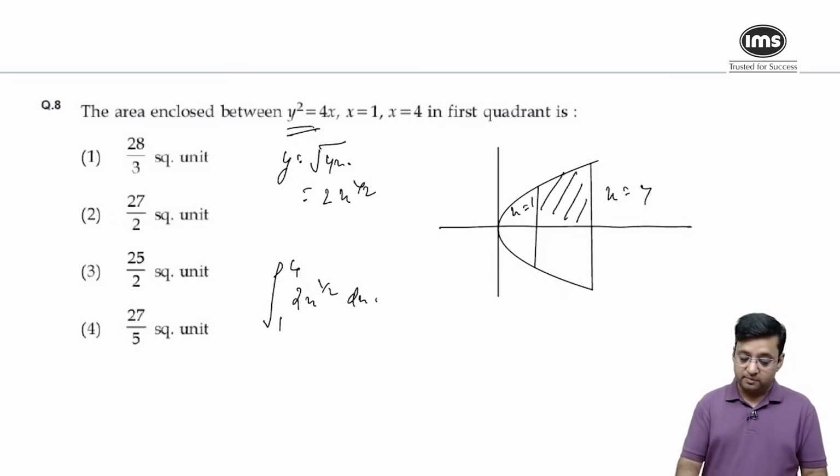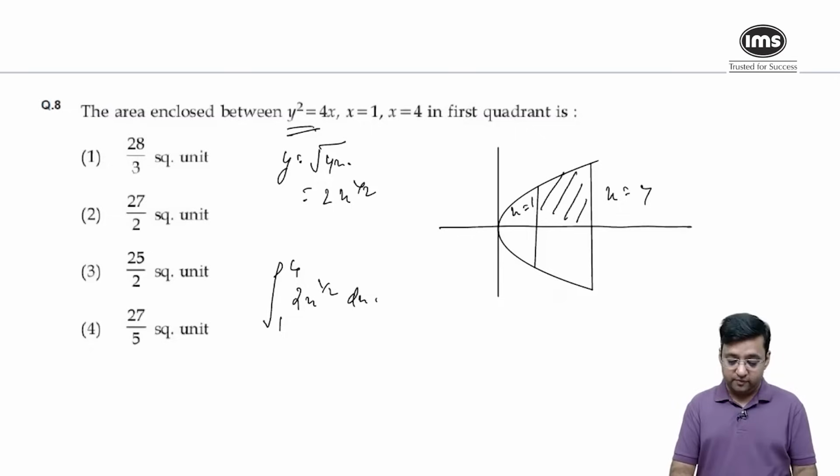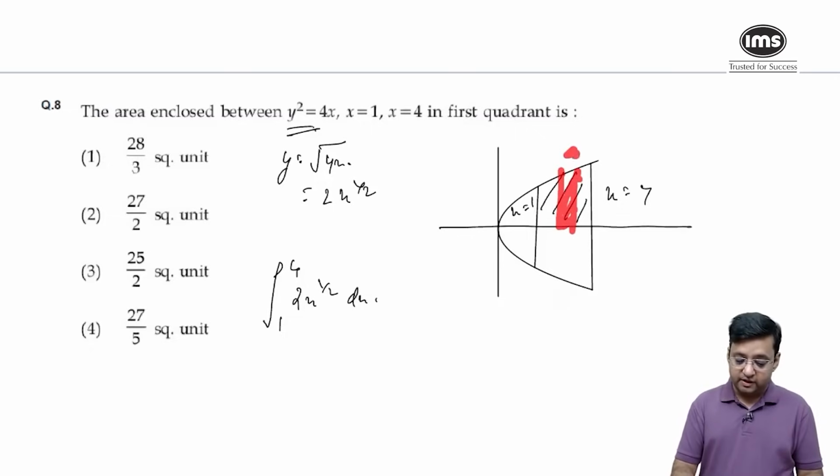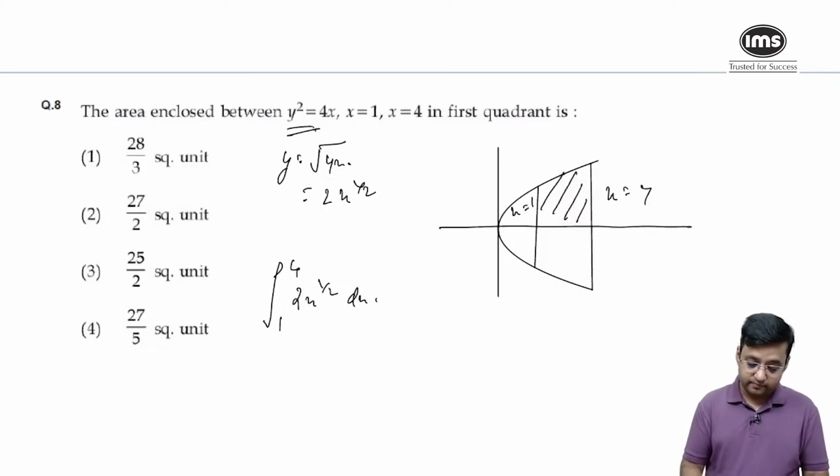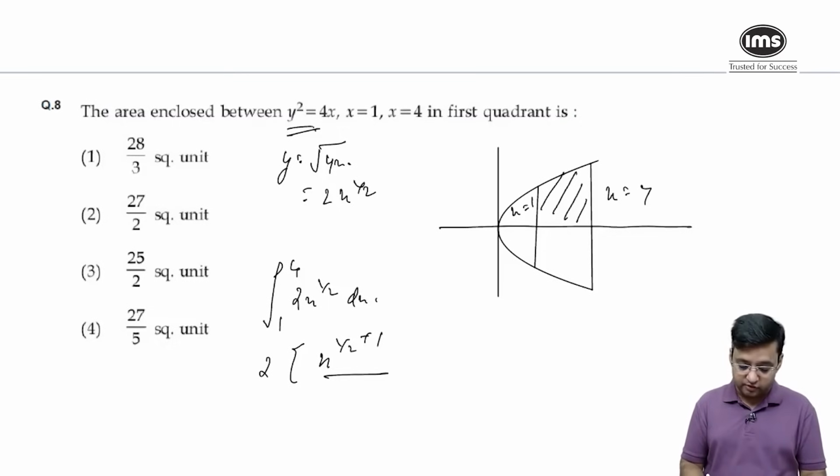Okay, as you remember, what we do for finding the area, we multiply y with dx, and then we integrate it. So this becomes 2x to the power half plus 1, the same formula which we have used in the previous question, divided by half plus 1, correct?